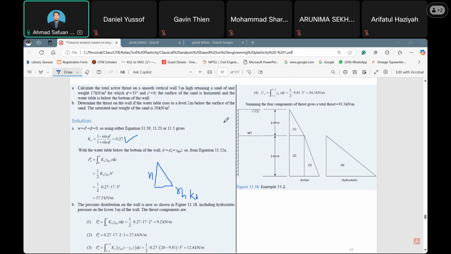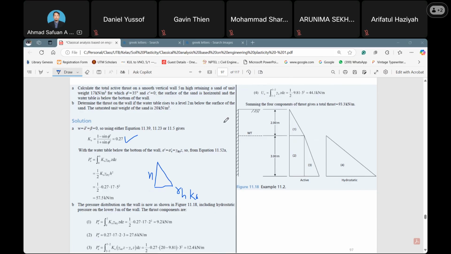For B, if the water table rises to 2 meter below the surface, with the settlement we went through before, we need to divide into several layers.